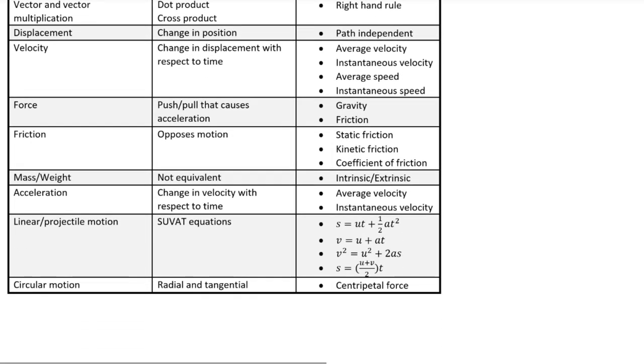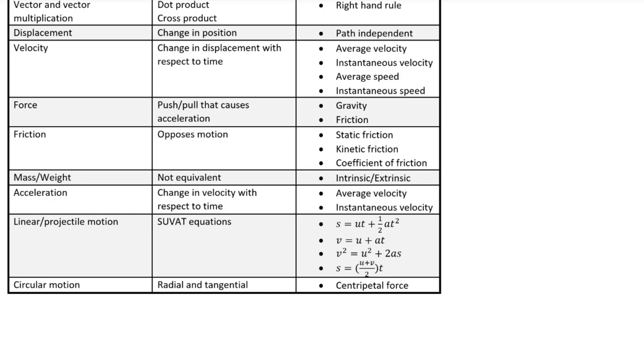Similarly, velocity is the vector equivalent of speed and is equal to the change in displacement with respect to time. I also discussed how instantaneous speed and velocity are the same, but average speed and average velocity are not the same because they care about whether you're using displacement or distance.